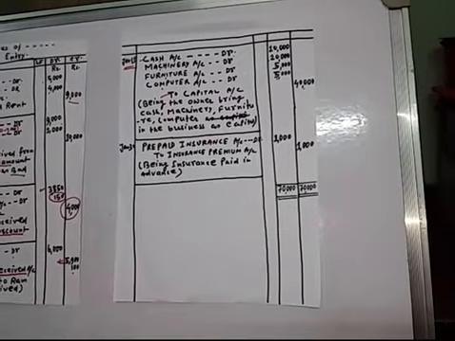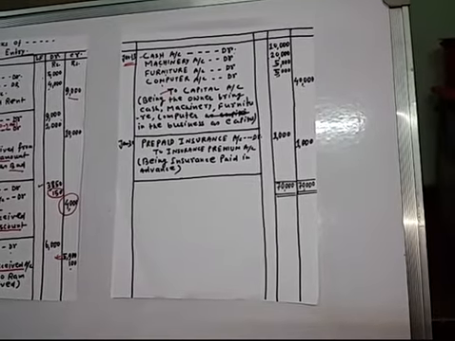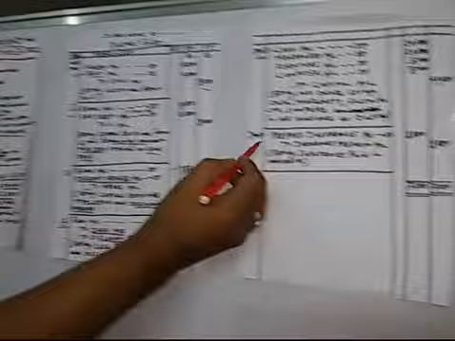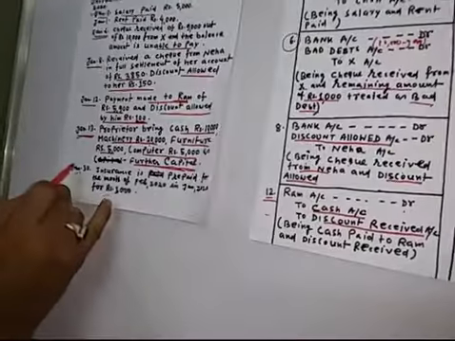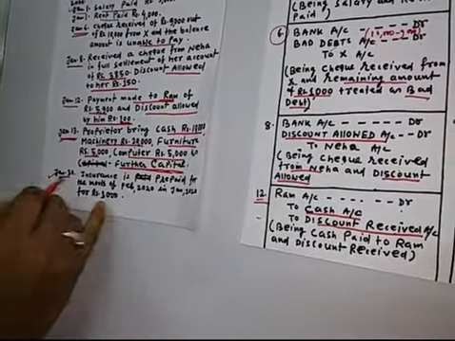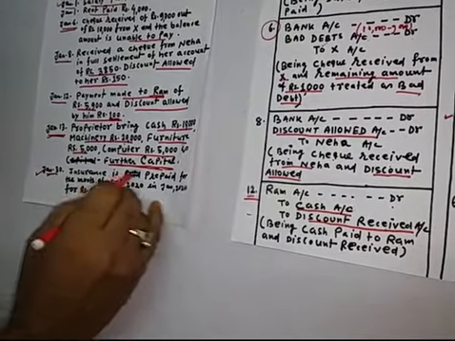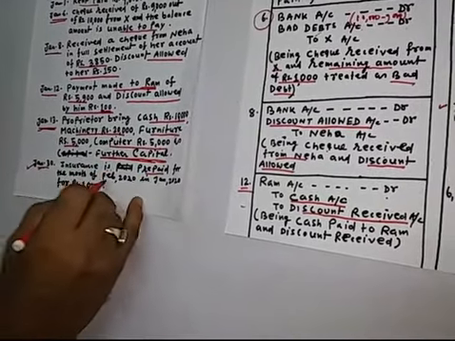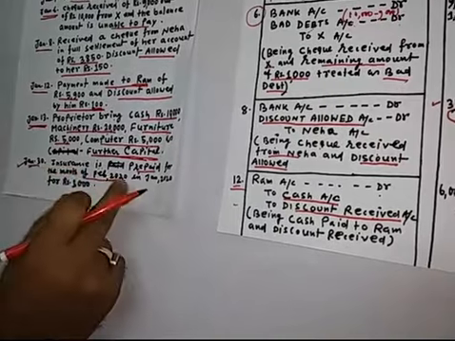Okay. Now go to Jan 30. Next entry, Jan 30. Now see the question. On Jan 30, insurance is prepaid for the month of February 2020.